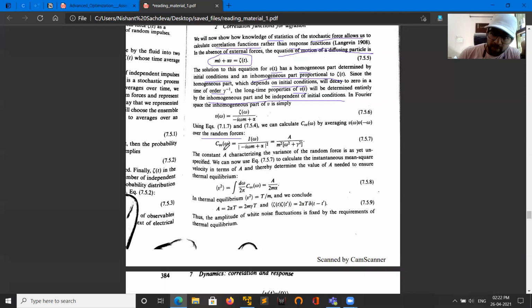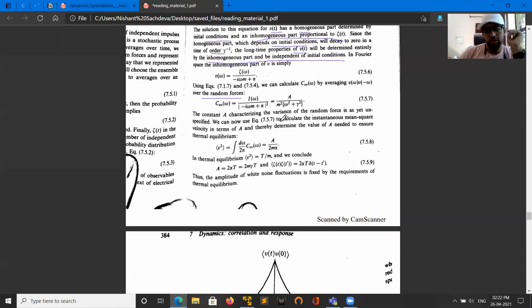Now CVV of omega is I of omega divided by modulus of minus omega m plus alpha whole squared. Now the constant A that we got here, characterizing the variance of the random force, is as yet unspecified. We don't know what it is.